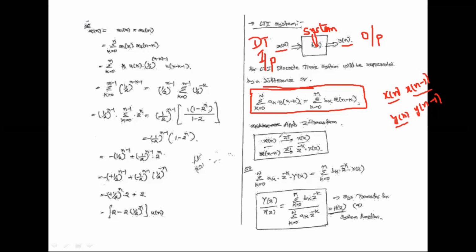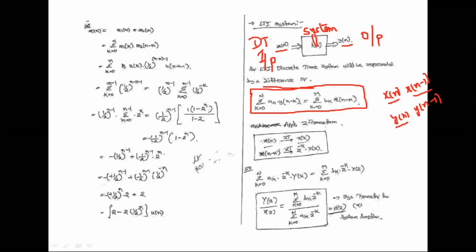Now we know the Z transformation: x of n, the Z transform is X of z. And the Z transform of the time shift function, x of n minus k, is z power minus k X of z.